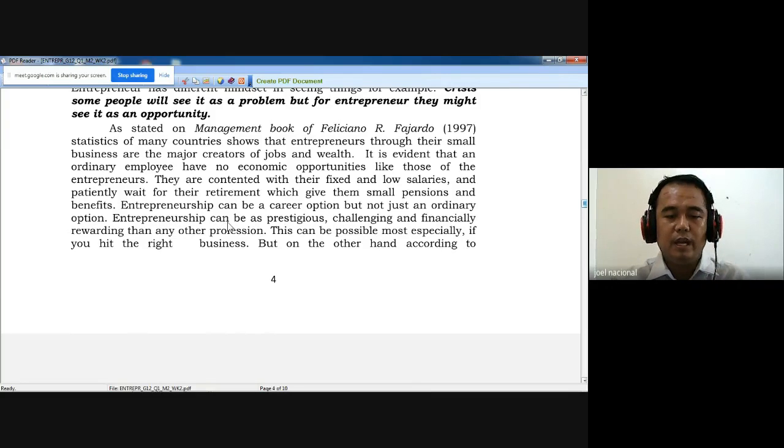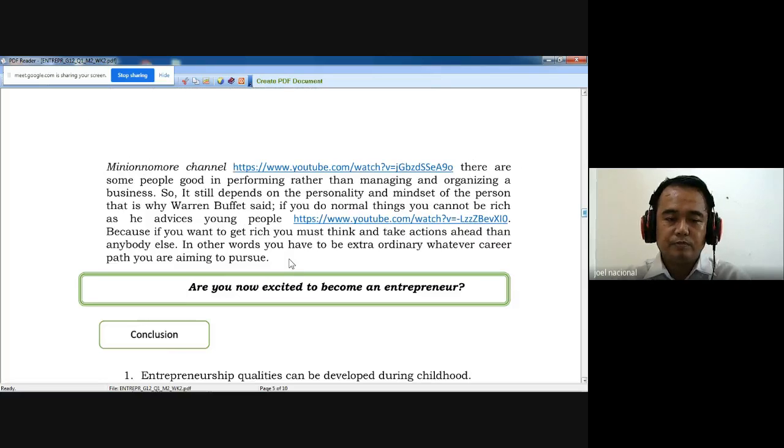Entrepreneurship can be a career option, but not just an ordinary option. Entrepreneurship can be as prestigious, challenging, and financially rewarding as any other profession. This can be possible most especially if you hit the right business. But on the other hand, according to the Me You Know More channel, there are some people good in performing rather than managing and organizing a business. So it depends on the personality and mindset of a person.